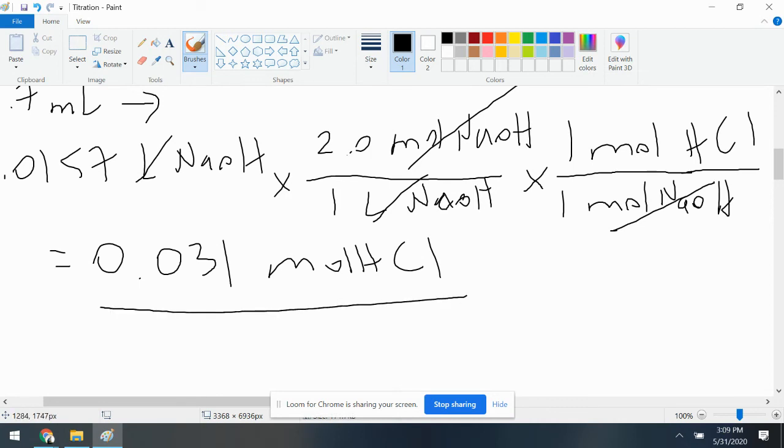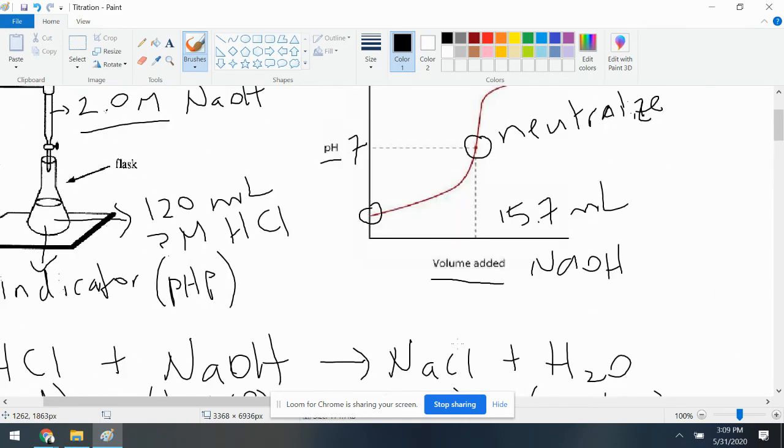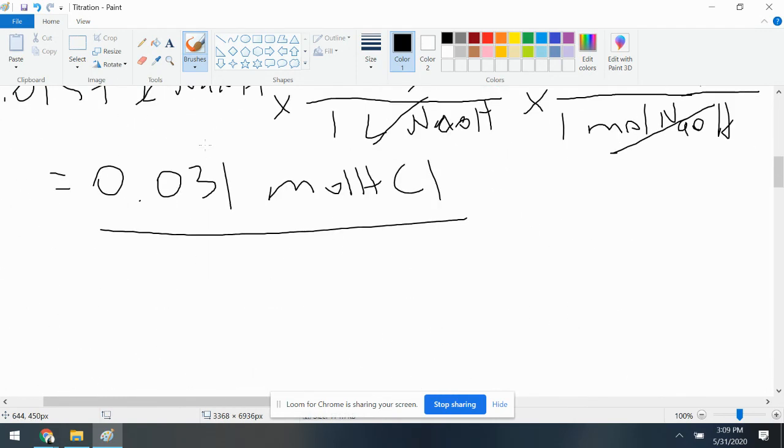Now, this is your number of moles, but again, I need to figure out the concentration, the molarity, for HCl. So what's the next step? Simply ask yourself what was the volume that you used at the beginning? Remember, you put in 120 mL of hydrochloric acid into that flask. So that is your volume. What you want to do now is divide by that volume, but instead of 120, make sure you convert it to liters.